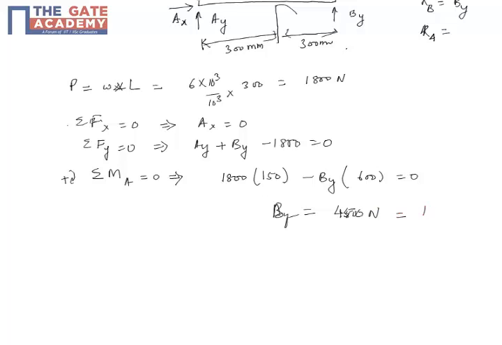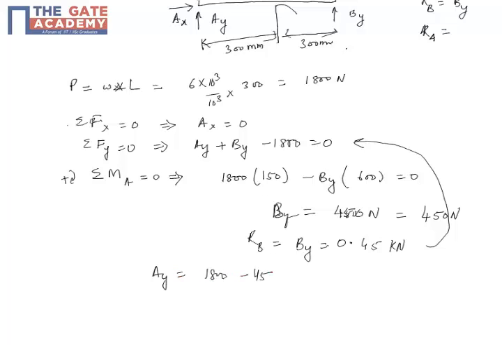So 450 newtons is By. RB is basically By, which is 450 newtons, and therefore it's 0.45 kilonewtons, because the answers are to be in kilonewtons. Now if I go back and substitute here 450, I get Ay as 1800 minus 450 newtons.